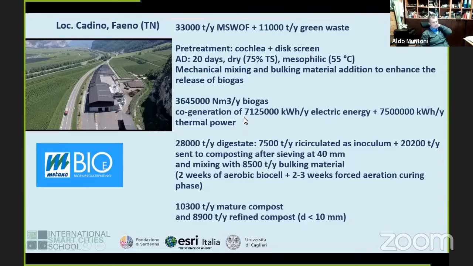To give you an example, in Cagliari, we produce compost with the food waste which is collected in Cagliari. In the near future, this food waste will be used like in this kind of plant, to produce not only compost, as you can see here, but also biogas to be used for the production of electricity and heat.